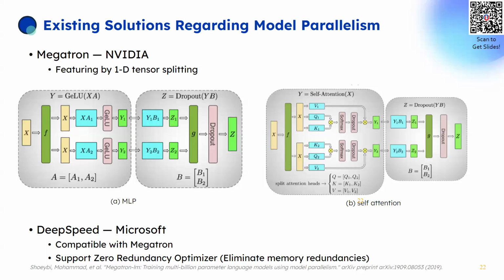Can we partition this one, the 2 million dimension? Anyone want to share your answer?